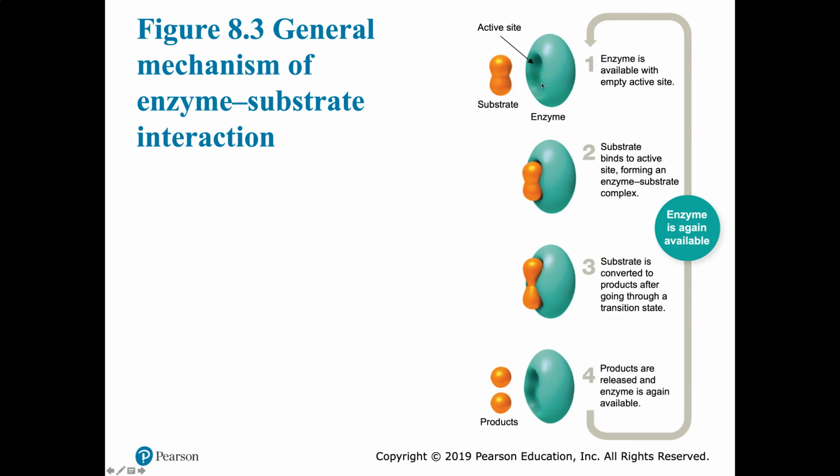Then from the active site, the substrate that's now attached, the enzyme substrate complex, the enzyme does its job. In this case, it's cleaving the substrate in half, and then you get your products. And then the enzyme is now available again to do it again with another substrate.